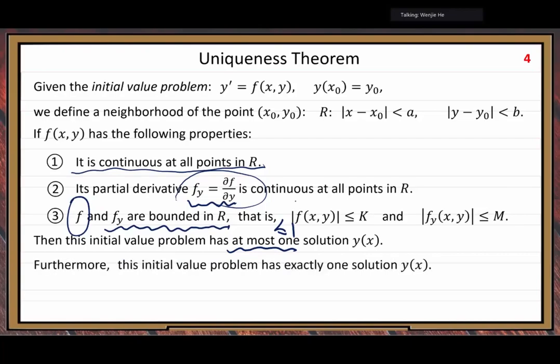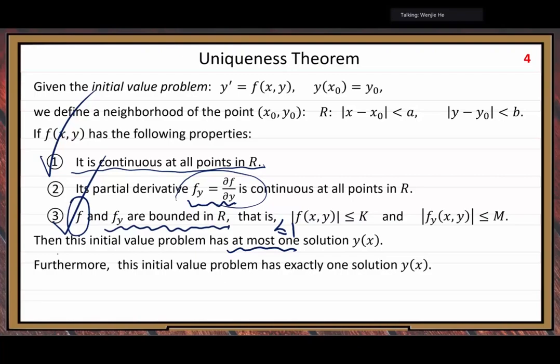Okay, in the 0 case, because our previous theorem, we already have the first condition. We also have the second condition. So we automatically have the existence part, right? Yes, we have the existence part.